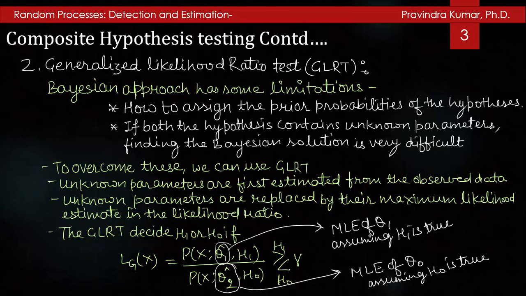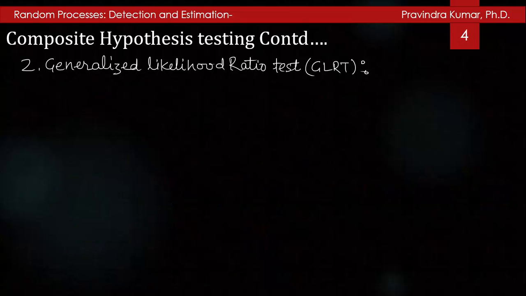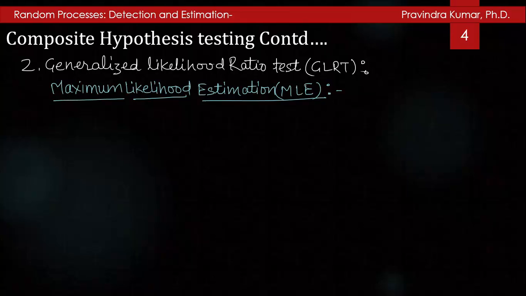This approach also provides information about the unknown parameters, because we have estimated them, so we can get more information about them. Let us briefly describe the maximum likelihood estimate.